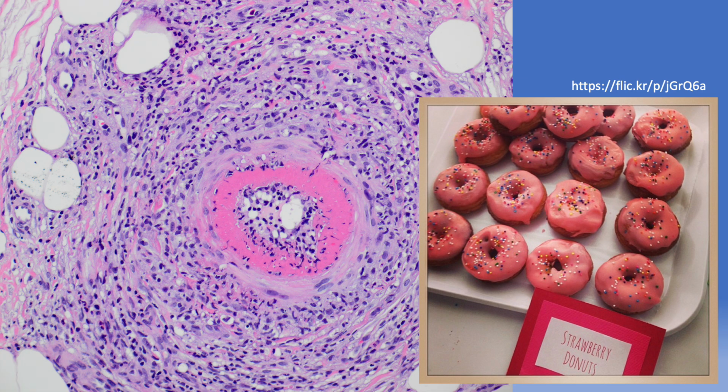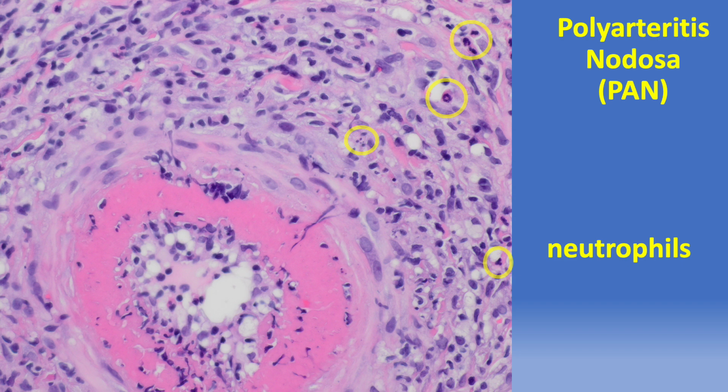I know at least one colleague who would compare the appearance of this affected vessel to that of a strawberry donut, usually associated in PAN with at least some neutrophils, and in long-standing lesions, a greater proportion of lymphocytes and histiocytes.